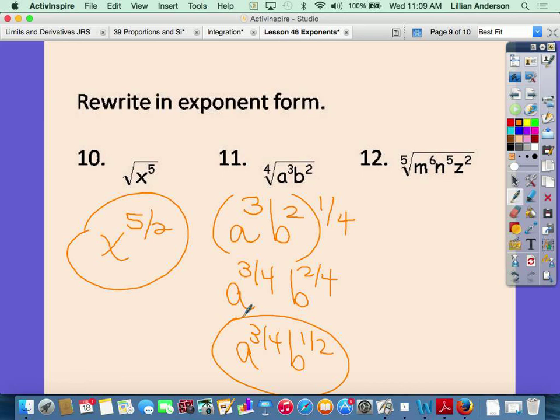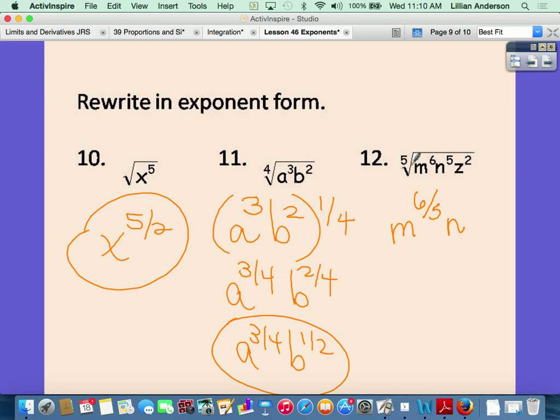What was 9? Look at your neighbor. And then the last one, you can rewrite it just like how we did number 11 and then simplify. So we're going to have n to the 6/5, n to the 1, because 5 divided by 5 is 1, and then z to the 2/5.